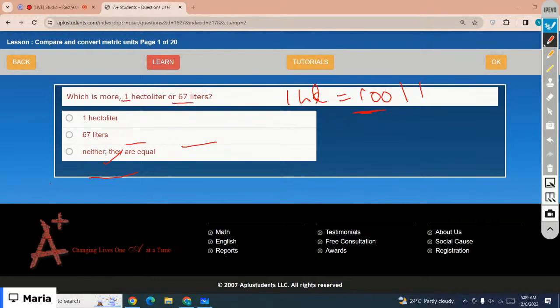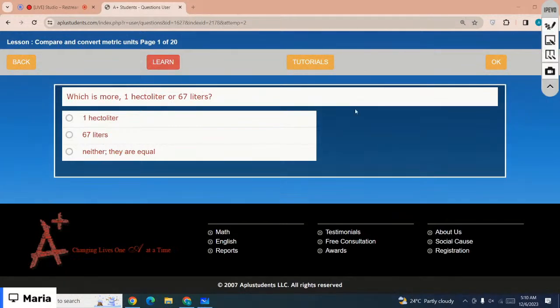So which is more, 67 liters or 100 liters? 100 liters is more. That means 1 hectoliter is more than 67 liters. The correct option is 1 hectoliter.